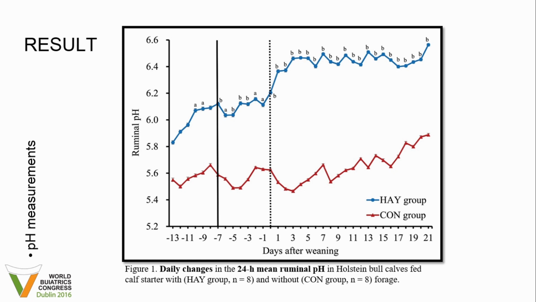The blue line represents the hay group, and the red line represents the corn group. The 24-hour mean ruminal pH was significantly higher in the hay group, and differences in the ruminal pH were signified by the increase in the hay group and decrease in the corn group after weaning.